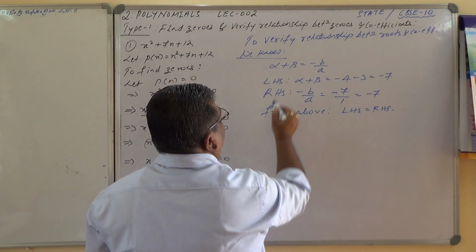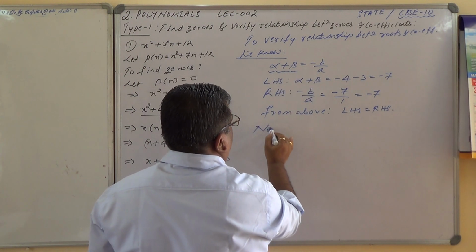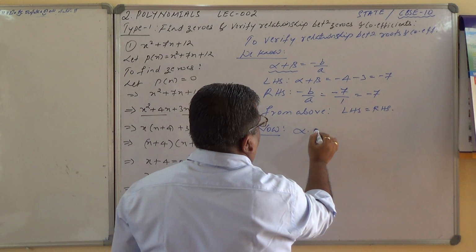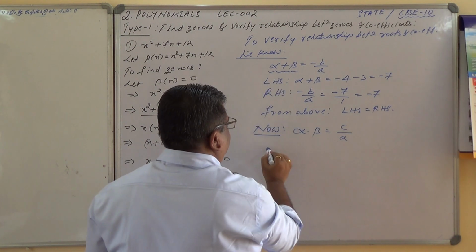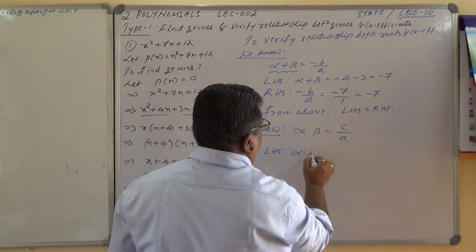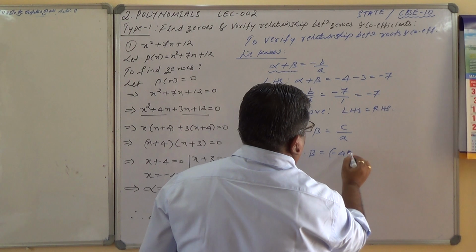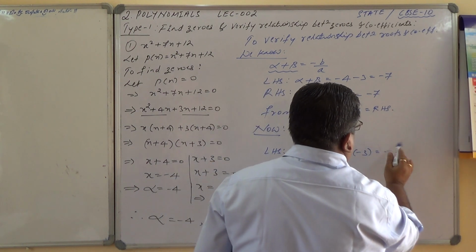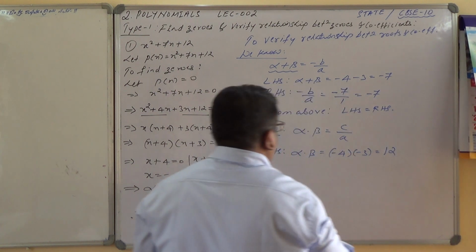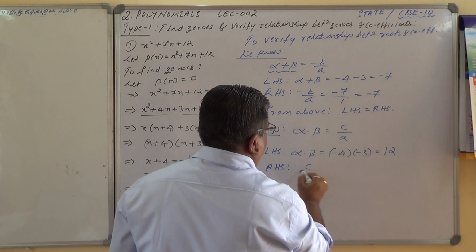Now this is the sum of zeros. Now we'll go for the product of zeros. Alpha into beta, the product of zeros, is equal to c by a. What is LHS here? Alpha into beta equals, what is alpha here? Minus 4 into minus 3, which equals plus 12. Similarly, RHS, c by a.